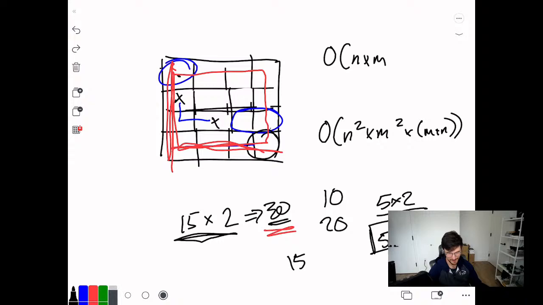And for each of these, it's n times m, or times m plus n. So obviously this is a lot better. I don't think that is super inefficient. I guess the only question is, can we optimize this?